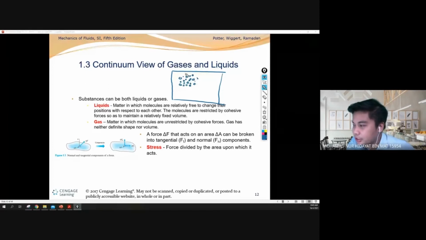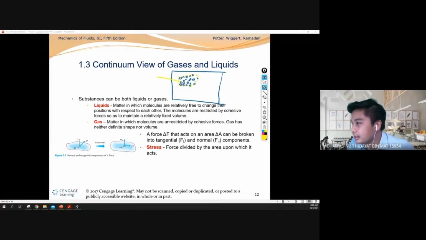This molecule is close together continuously. Between these, they are close together. This we call the continuum of liquid and gases.